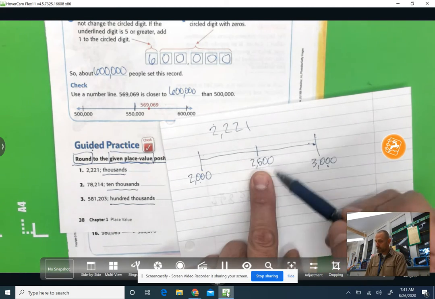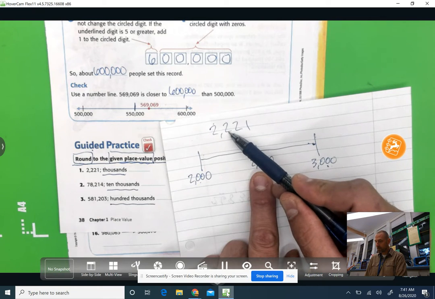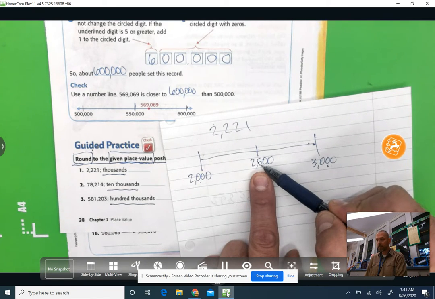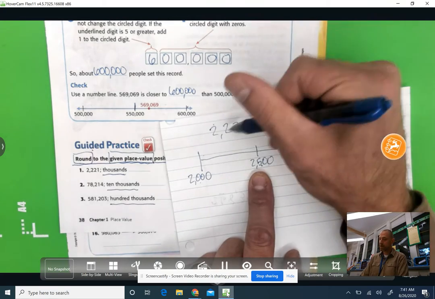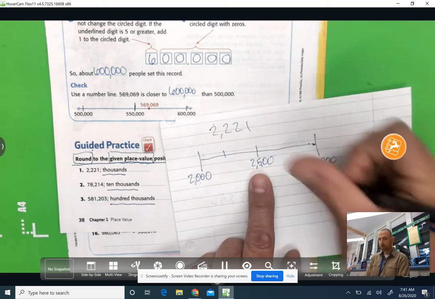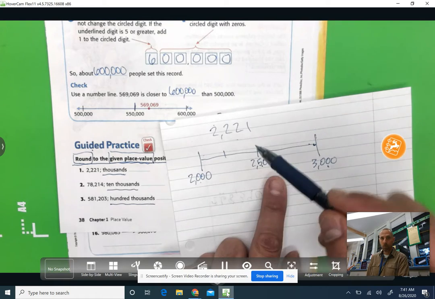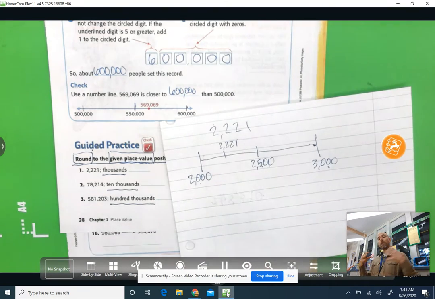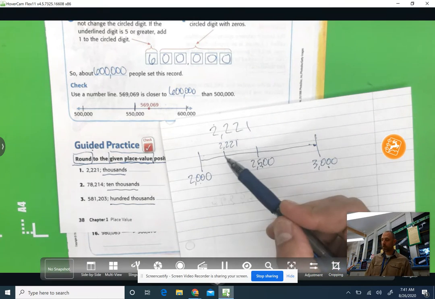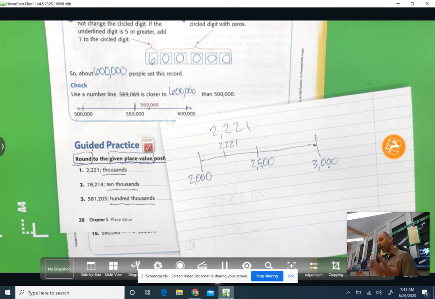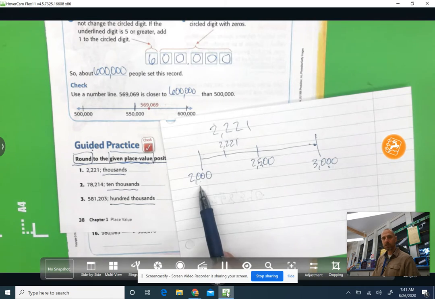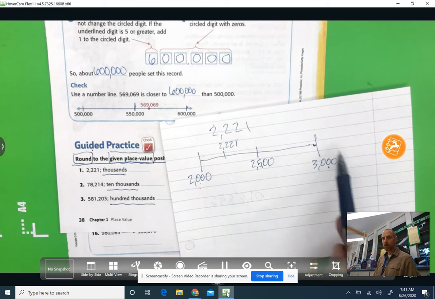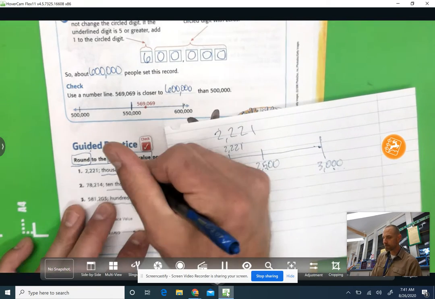We're looking to see if that 2 in the hundreds place here is greater than the 5 in the hundreds place in our halfway point. It's less. 2 is less than 5. That means 2,221 is somewhere over here. Therefore, 2,221 rounds to 2,000 because it's closer to 2,000 than it is to 3,000.